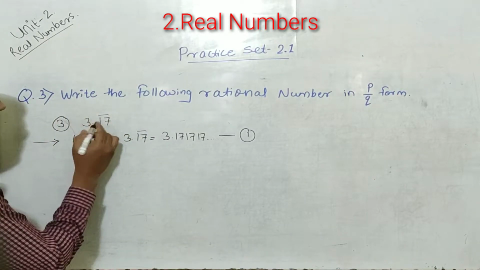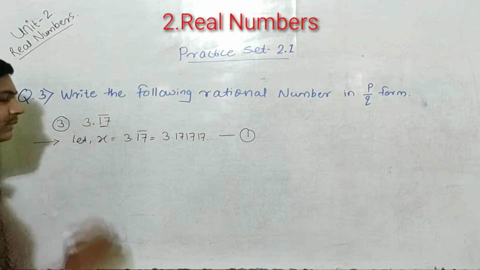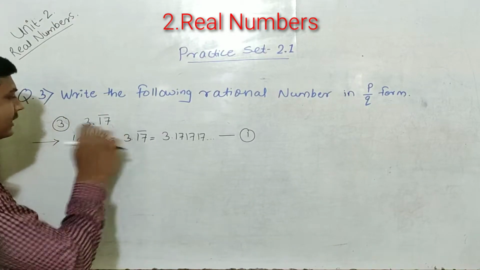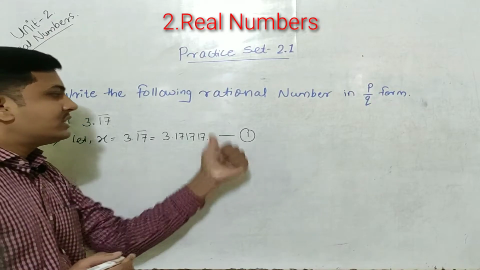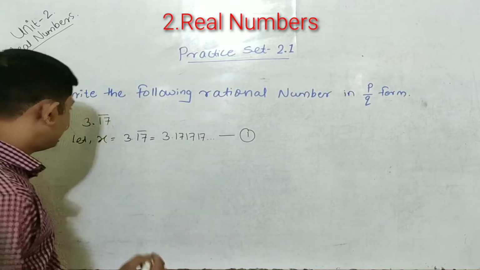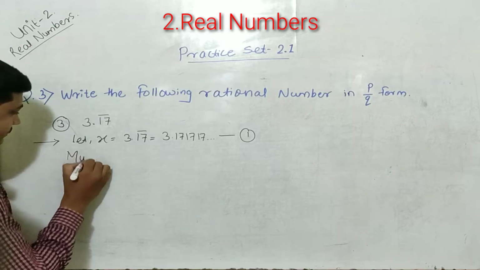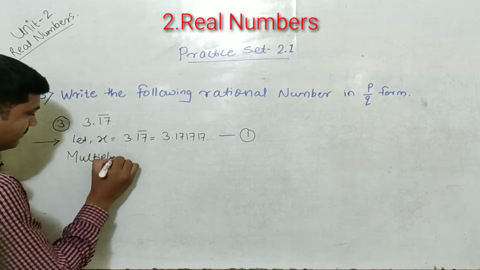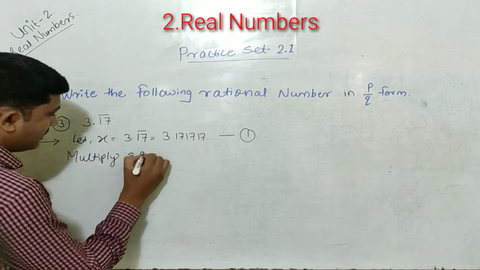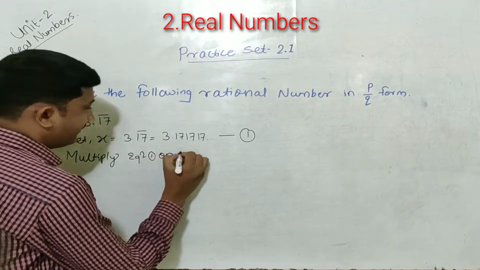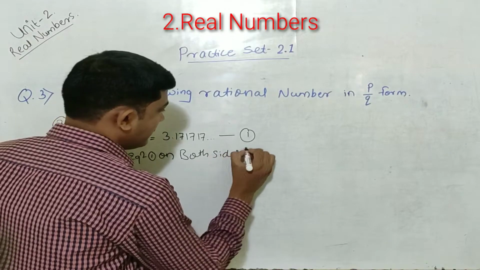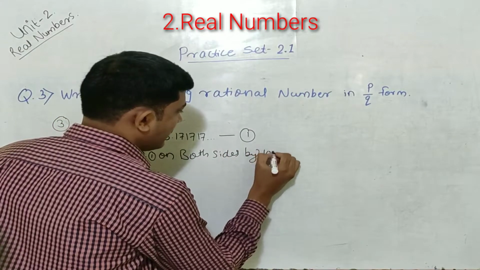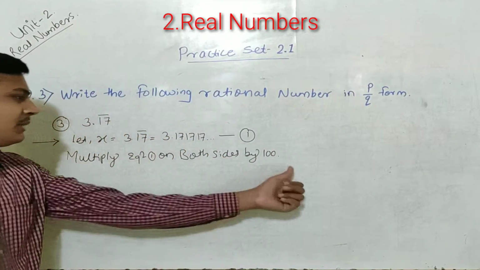Now here after the decimal point, two numbers are repeated, that is 1 7. So multiply the given equation 1 on both sides by 100. Why do we multiply on both sides?